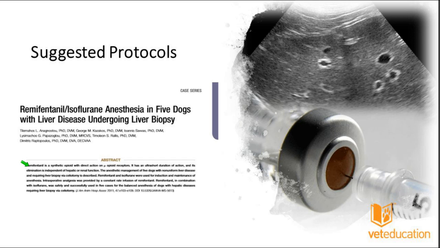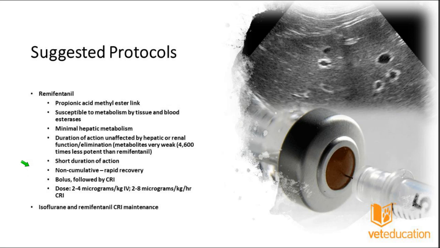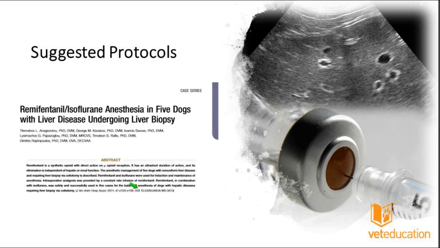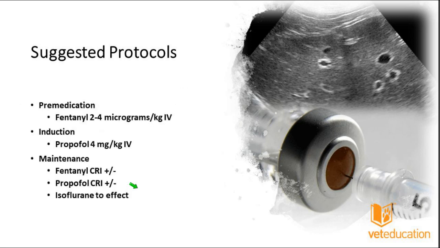So you may need to run your remifentanil concentration a little higher than they did in this study, and the dose that I would probably recommend is anywhere between 2 and 8 micrograms per kilo per hour. Just watch the ventilation as you approach 8 micrograms per kilo per hour. Sometimes the ventilation can decrease a little bit.